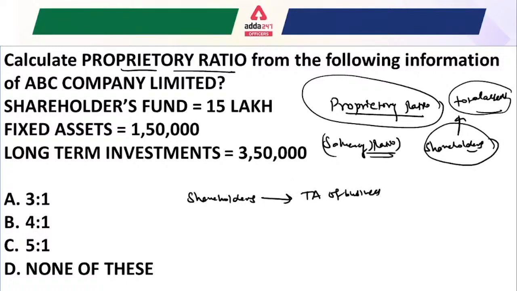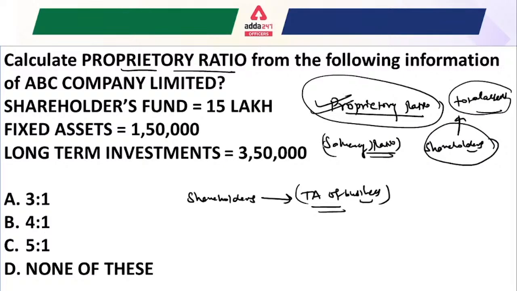So that is known as the proprietary ratio, and it is a ratio from the solvency ratios. The main purpose of this ratio is to determine the proportion of the total assets of a business that is funded by the proprietors. So that is known as the proprietary ratio.